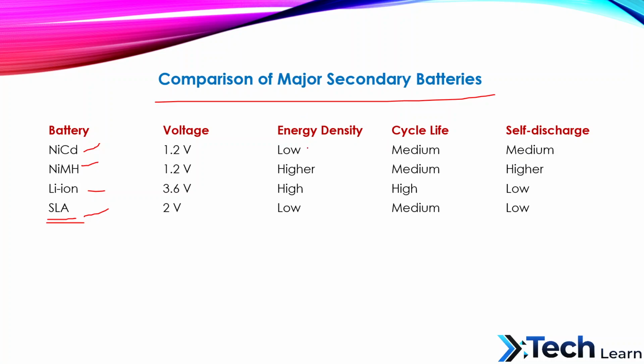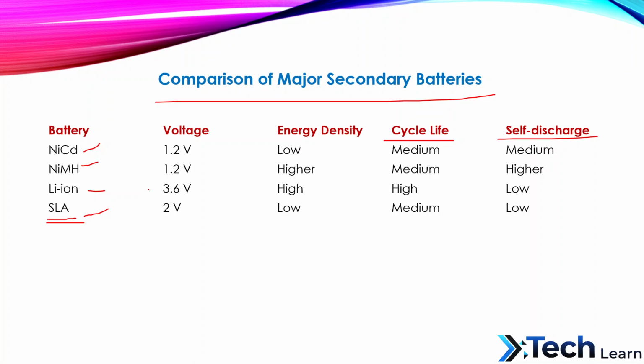You can see cycle life and self discharge. Nickel metal hydride batteries offer high energy density but are more sensitive to overvoltage. Lithium ion batteries provide high voltage and high energy density but require strict safety controls. SLA batteries are low cost but heavy. So depending upon the application and cost involved, we are going to use different battery chemistries.